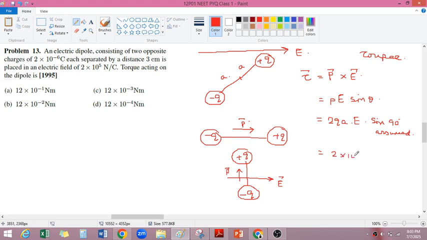So 2 into 10 power minus 6 coulomb multiplied by 3 into 10 power minus 2 meter. Electric field is 2 into 10 power 5. Simplify this, you should get the answer. So 2 into 2, 4, 4 into 3, 12. 10 power minus 6, 5, it will become minus 1, so minus 3. So 12 into 10 power minus 3 sounds correct to me.